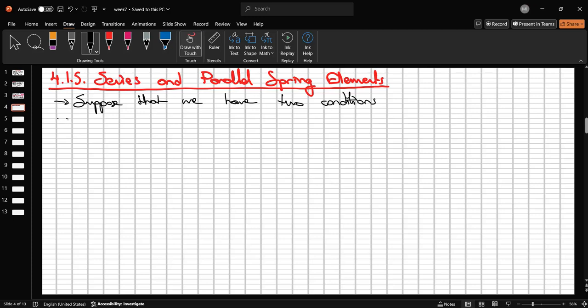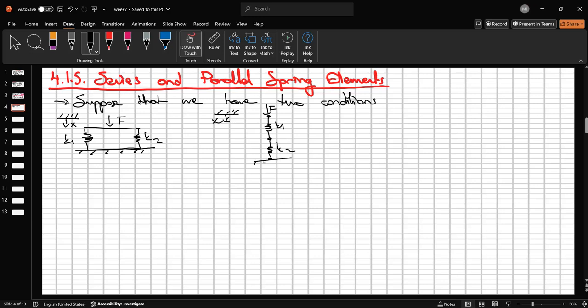For example, if we have the X value in here, and the F, K1 and K2, and also X, F, K1 and K2.